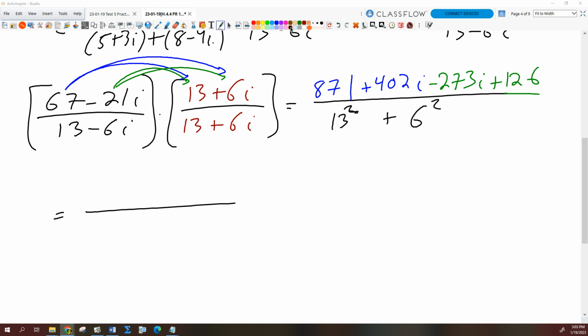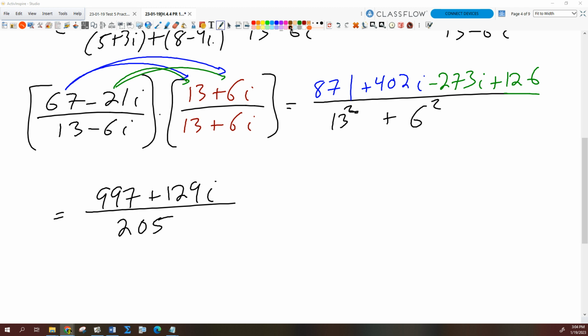Everybody agree with that? 402i minus 273i is 129i, right? And on the bottom, 169 plus 36 is 205.